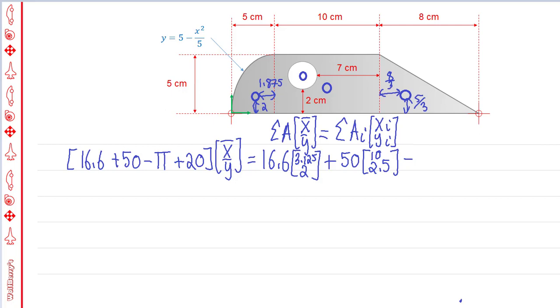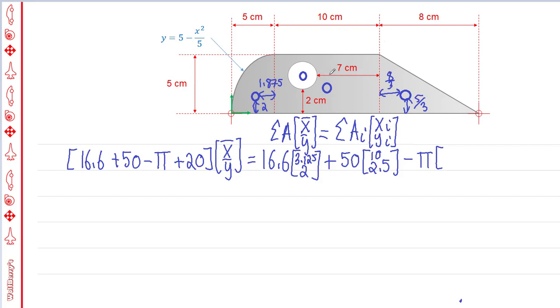Minus the area of the circle is pi, multiplied by the distance of its center to the axis. The center of the circle is here, the axis is there. This is 5. Now we know this is going to be 1, the radius. We need this distance here. To find this distance, we have 10. This whole thing is 10.